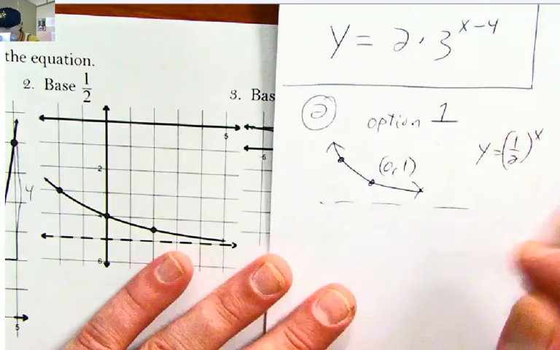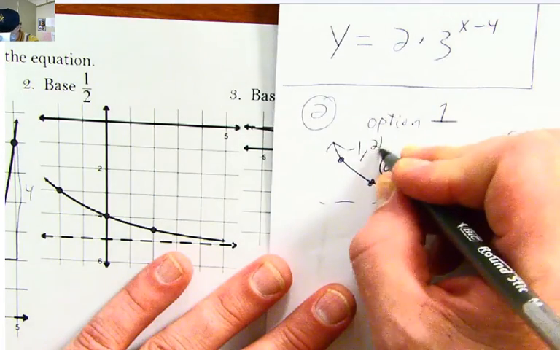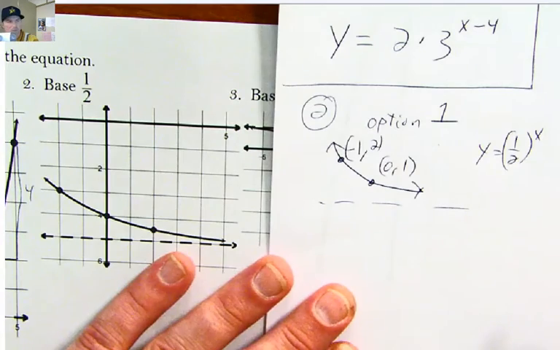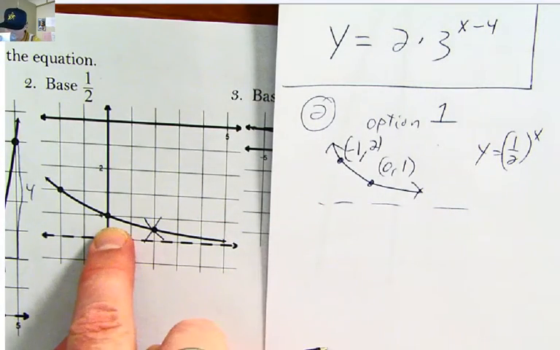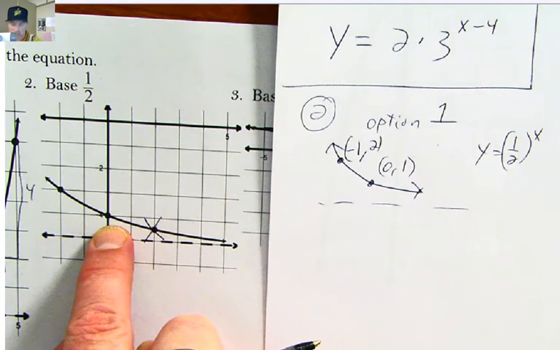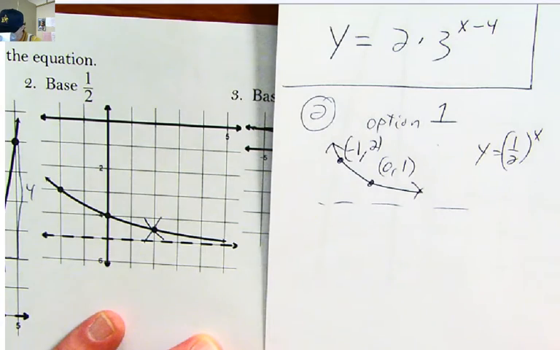And you're actually not going to use the 1 point. You'd want to use the -1 point, -1 comma 2. So in my graph, I'm not going to use this point. I'm going to use this point as my 0, 1, and then this point as my -1, 2 point.